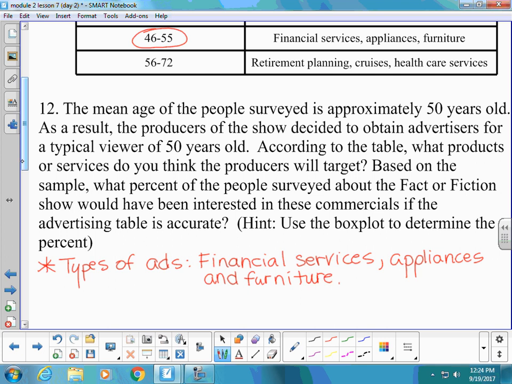Okay, so that's the first part that they asked us. It said, according to the table, what products or services do you think the producers would target? So that's the types of products that they targeted.